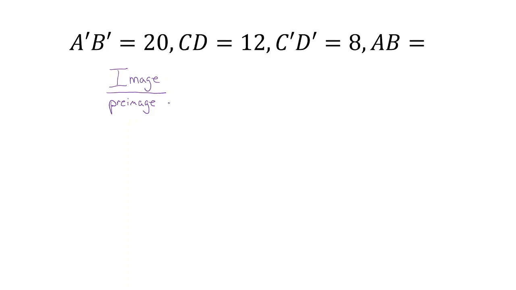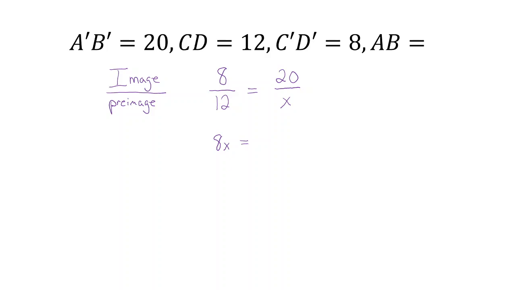So we know that C prime D prime is 8 over the pre-image of 12, is equal to the image of AB, which is 20, over AB, which we don't know, so we'll call that x. And then we can cross multiply, so we're going to get 8x is equal to 12 times 20.